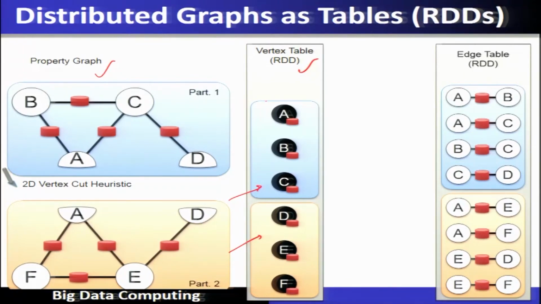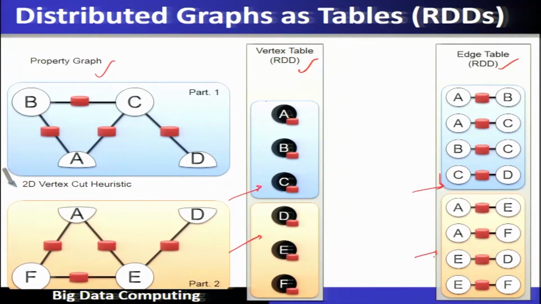Once we cut the vertices, there are 2 parts, part 1 and part 2. Part 1 and part 2 are stored on different machines. Obviously, the edge part, called the edge property table, which is nothing but an edge table RDD, is stored on 2 different machines like this.